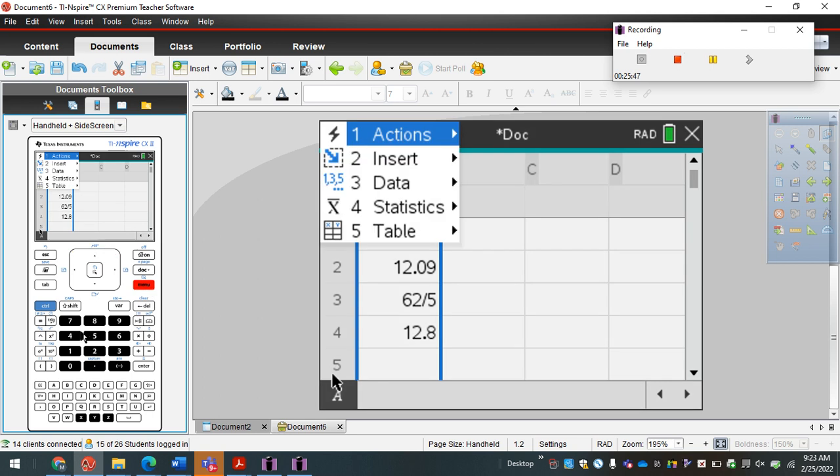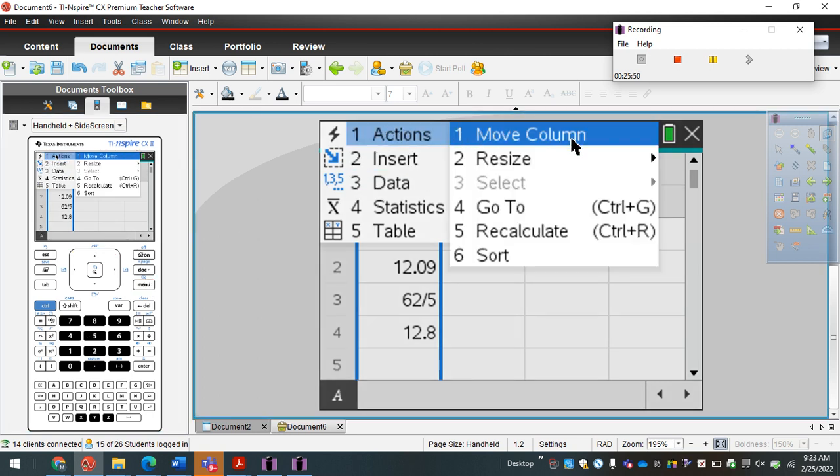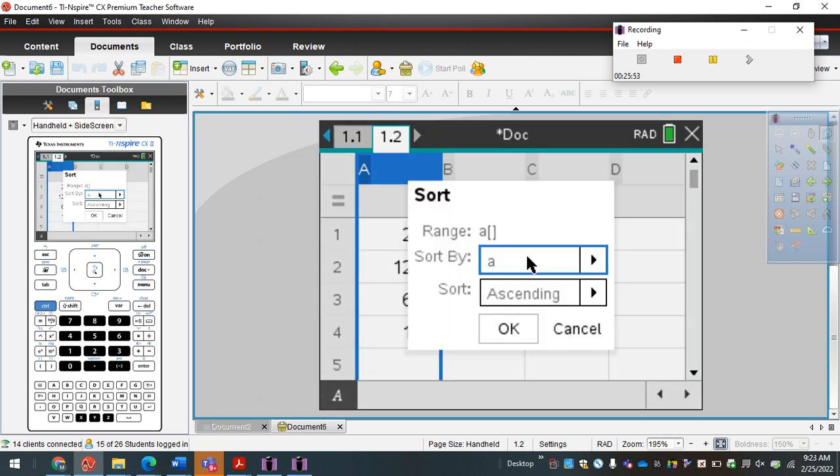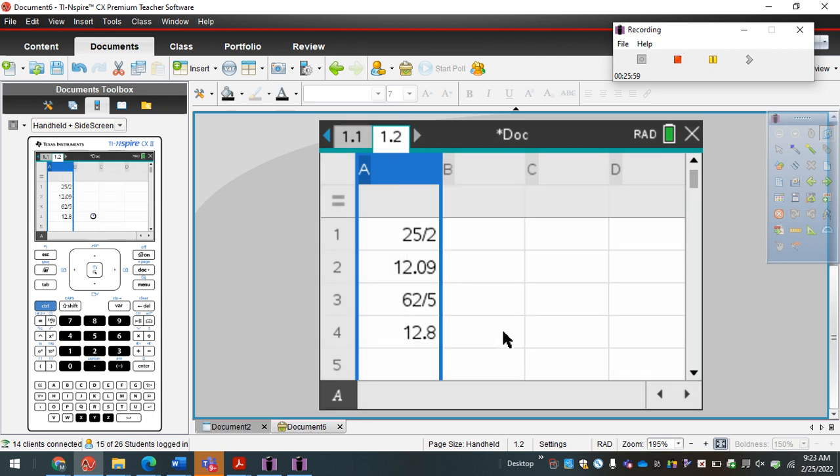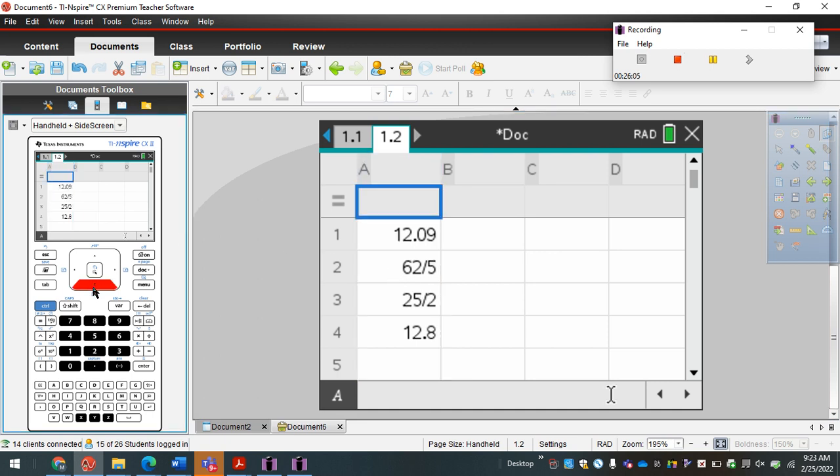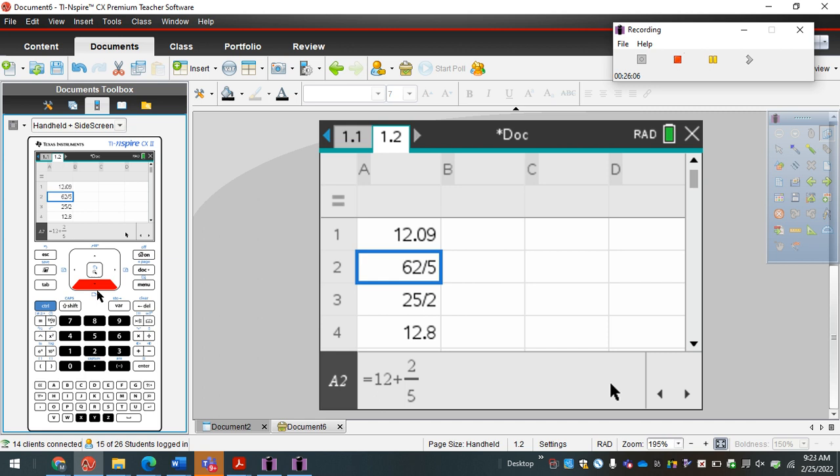And we'll go to Menu, Action, and then Sort. And we want to go ascending, yes? A for going up. So 12.9 goes first. And then what fraction is this? I'll just scroll down. 12.9 and then 12 and 2/5.